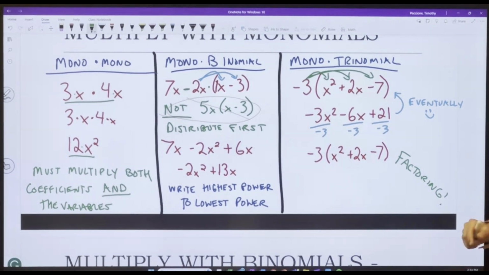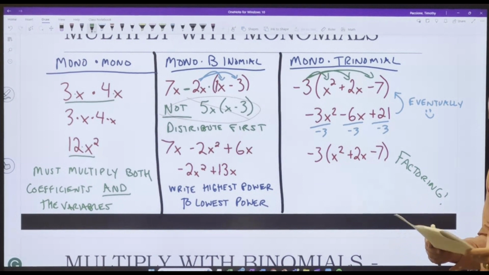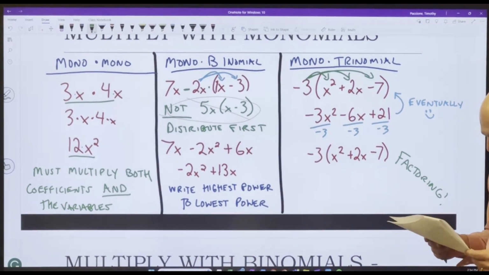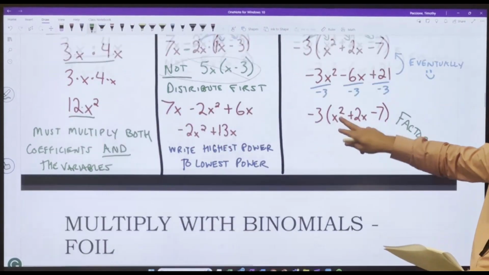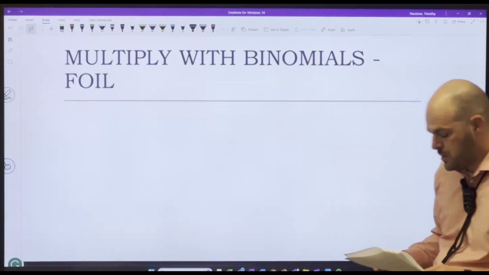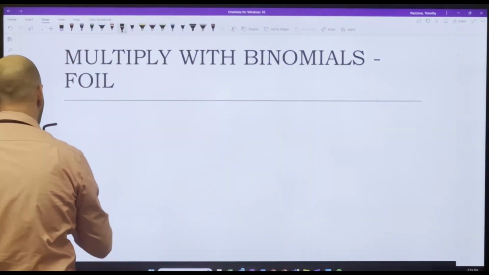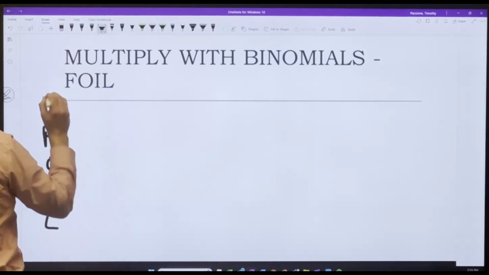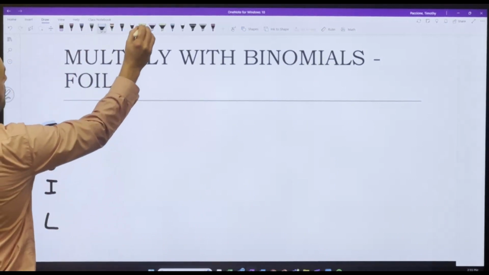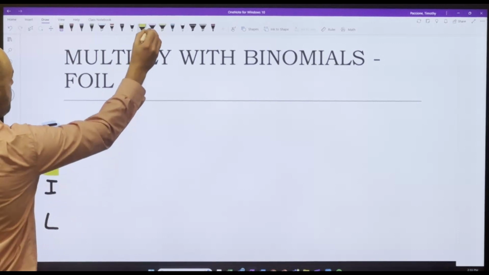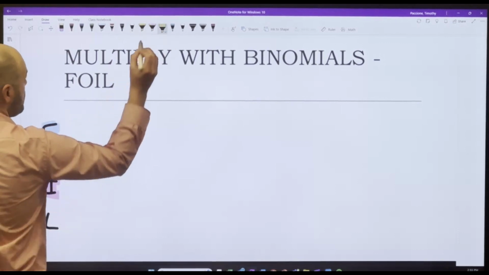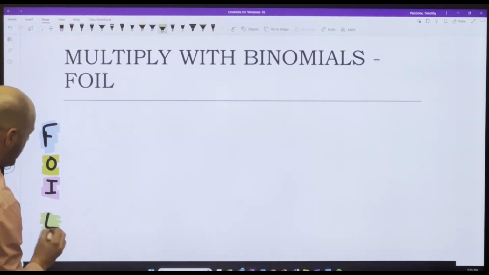Okay, moving along. You ready for FOIL? All right. So, FOIL. Real quick, since we already did this, let me get it on here. FOIL. First, outer, inner, last, right?